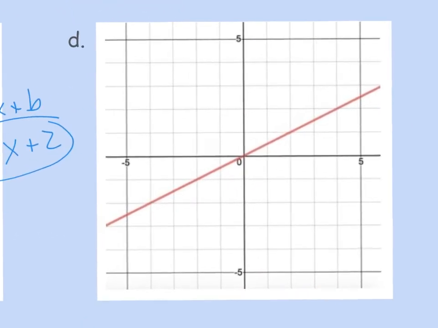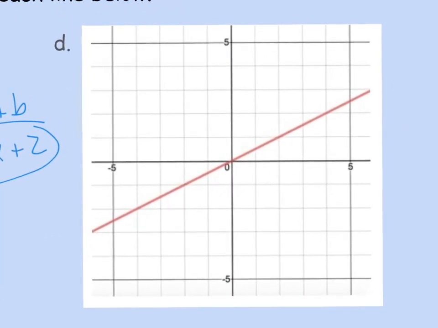Okay. This one's a little bit different in the fact that if you look at it, it crosses at 0, 0. So my y-intercept is just 0. My slope, if I pick the y-intercept in this point, I'm going up 1, and I'm going to the right 1, 2.